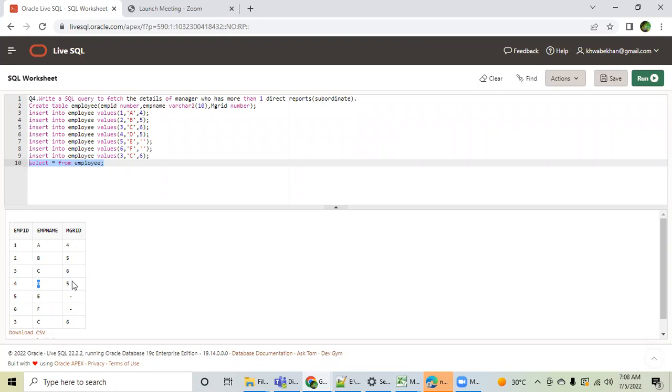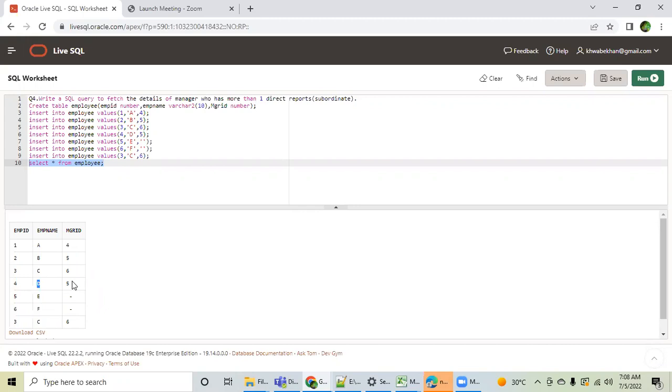First of all, the question should be clear, then only we can proceed with the solution. So is the question clear? Here the answer is manager ID 5 because 2 employees B and D are reporting to manager ID 5. And as per the question, we have to find those managers to whom more than one employee is reporting. So is this clear? First of all, the question is clear.